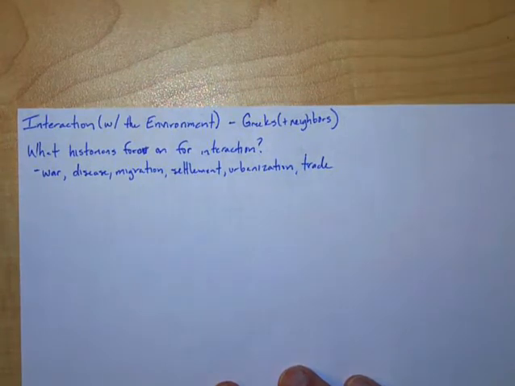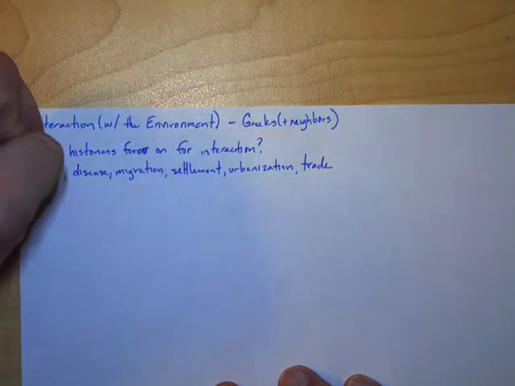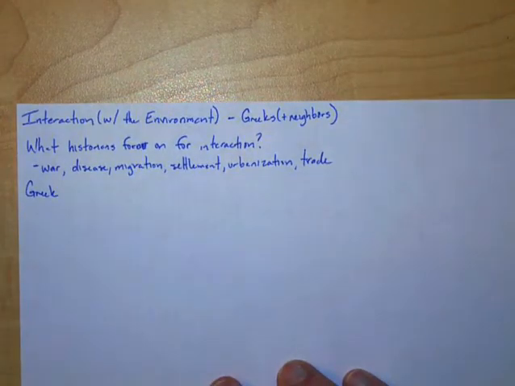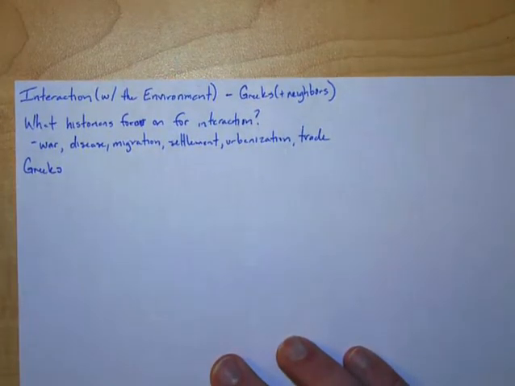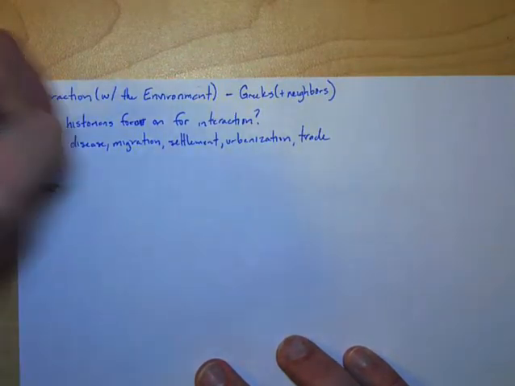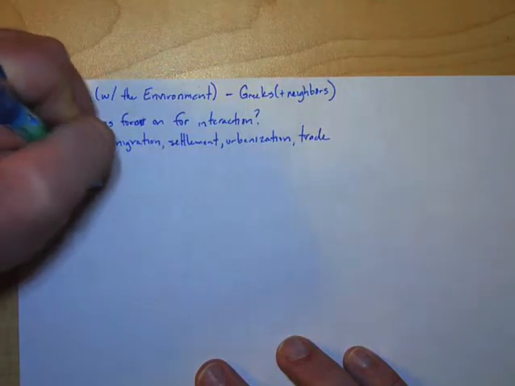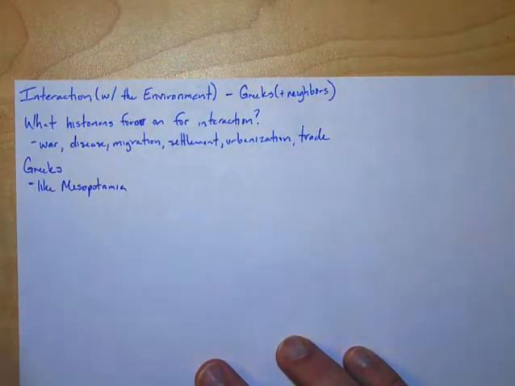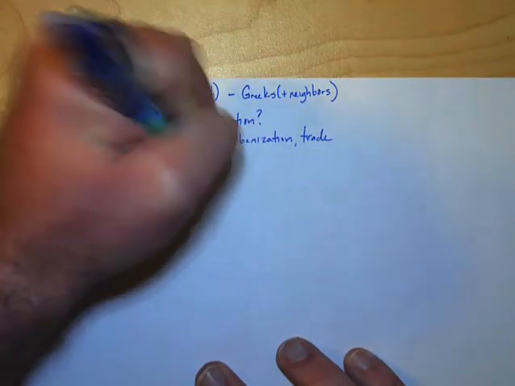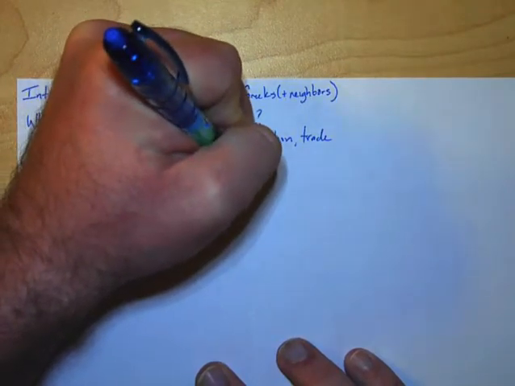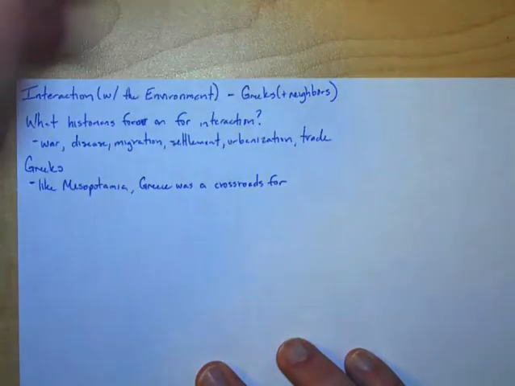So, the best example for the ancient world thinking about interaction is the Greeks. Now, there are a couple of reasons why we want to focus in on the Greeks for understanding interaction. The first is that, like Mesopotamia, Greece was a crossroads for trade.